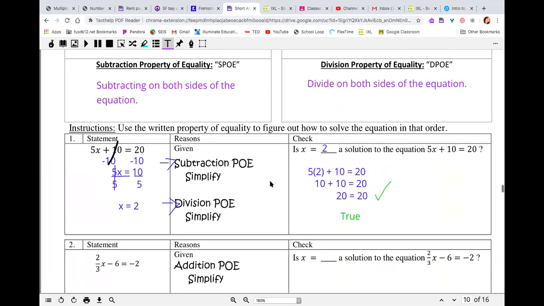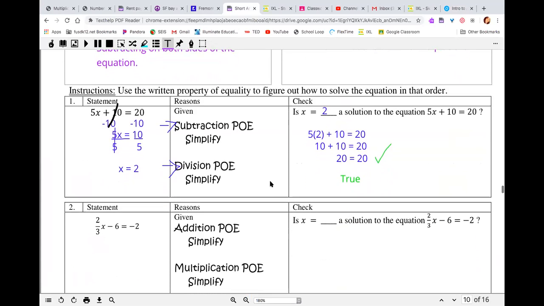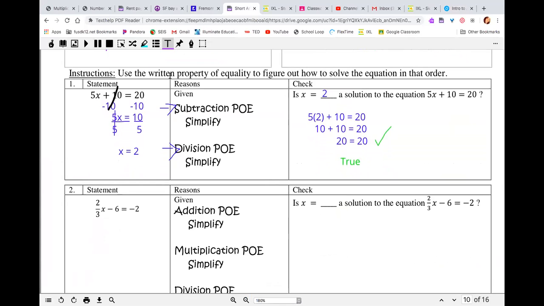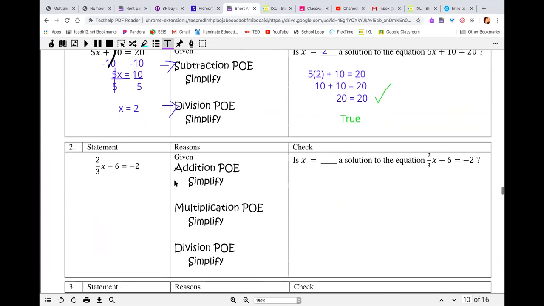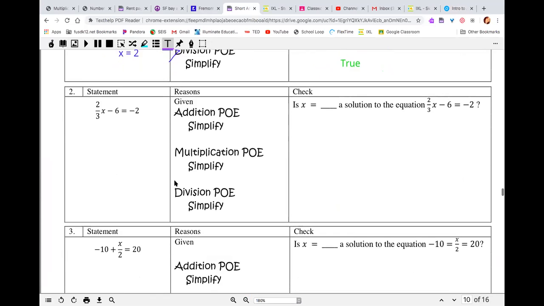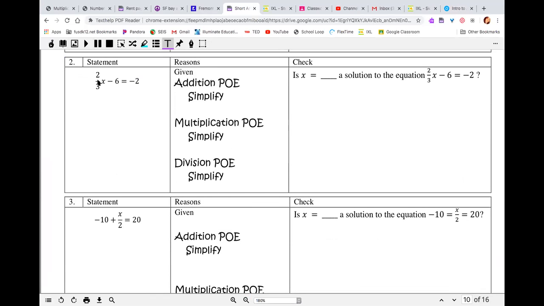Okay. So I wanted to remind us. It says use the property of equality to figure out how to solve the equation in that order. So we have to solve for x, and then we have clues here. They're telling us the steps because we're doing more than one step. So when I'm looking at 2 over 3x minus 6 equals negative 2, what do I want to do first?